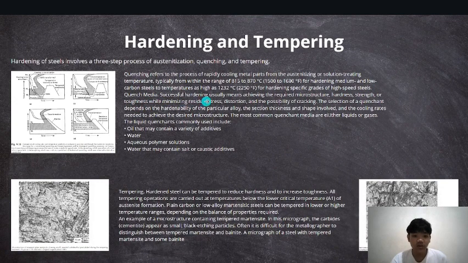Quench media. Successful hardening usually means achieving the required microstructure, hardness, and strength, or toughness, while minimizing residual stress, distortion, and the possibility of cracking. The selection of quenchant depends on the hardenability of the particular alloy, the section thickness, and the shape involved, and the cooling rates needed to achieve the desired microstructure.